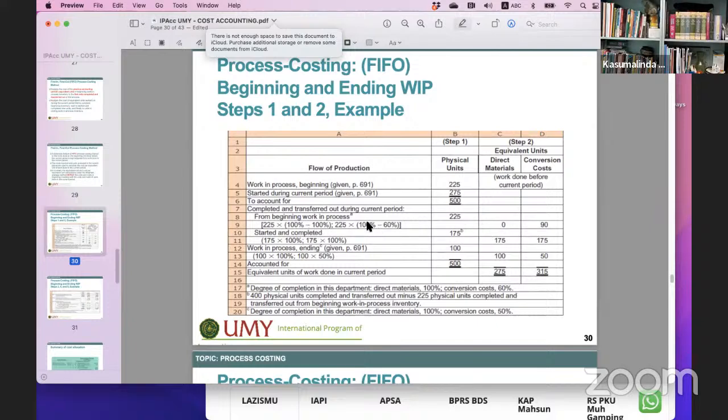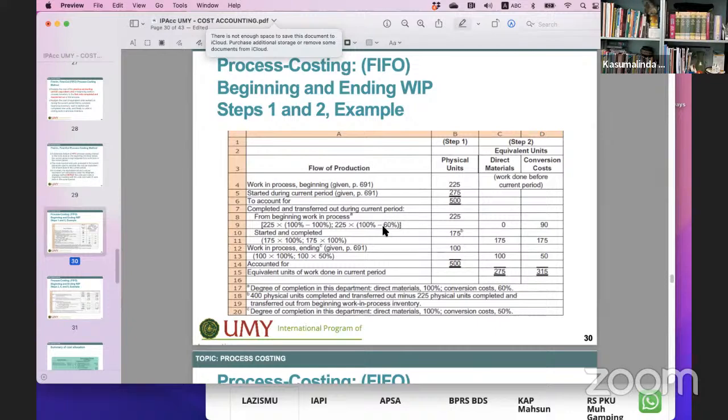For the conversion unit, the percentage of completion is 60% for the beginning. That is from the beginning work in process inventory, which we worked on during February, and we continue the process during March.